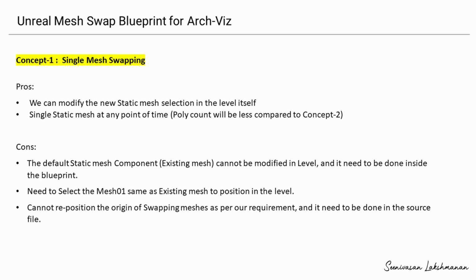And for the cons, the static mesh component, which means the existing mesh, cannot be modified in the level, and it needs to be done inside the blueprint. Second, we need to select the mesh 01, same as existing mesh, because we need to position our blueprint in the level.